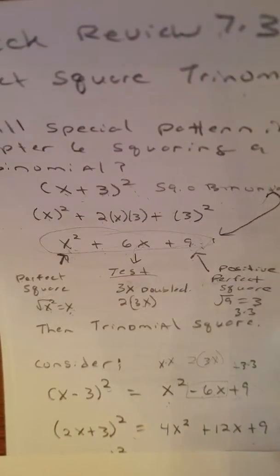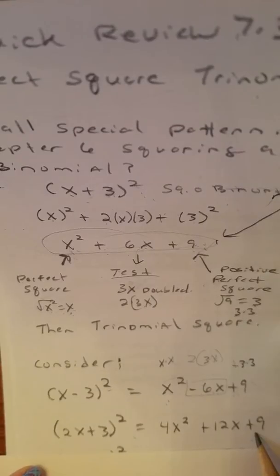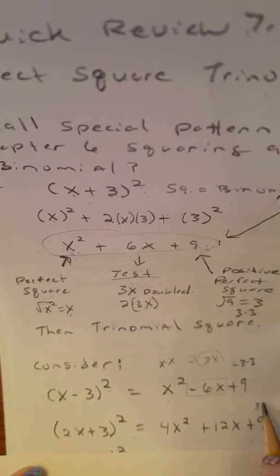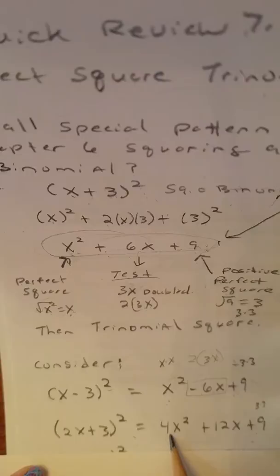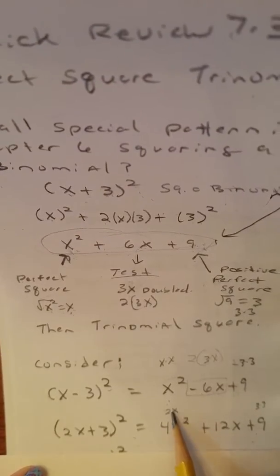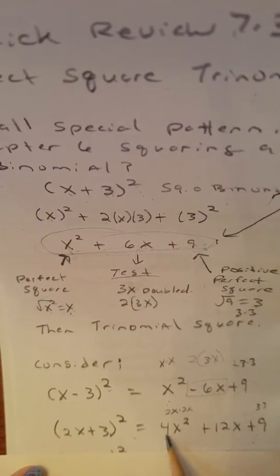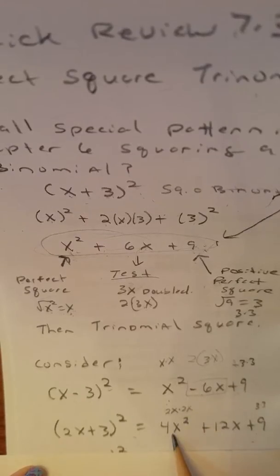Let's test this one. This one here is a perfect square because 3 times 3 gives me 9. This one, 2x times 2x gives me 4x squared, so that's a perfect square.